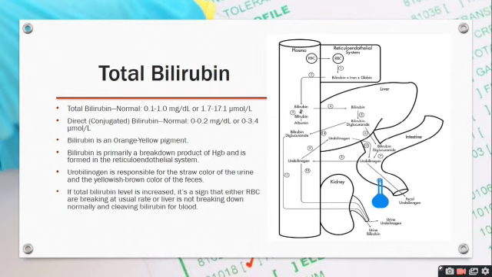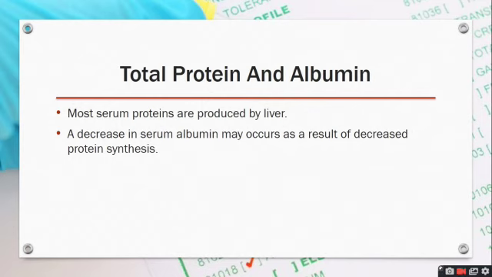Now the next test is total protein and albumin. Most serum proteins are produced by the liver, which is why it is more specific for the liver. It has to be checked in the chronic stages of disease only. It is not checked in the acute stages.